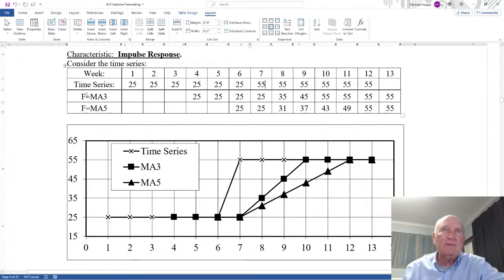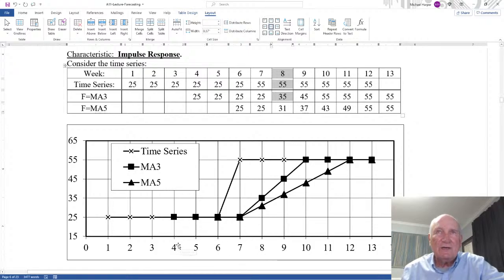So now let me apply a 3-point moving average. Well, when I have 25, 25, 25, the average is 25. That's simple. But when I come to this jump, or step function, or delta function, then 25, 25, 55, the average is going to be 35. So for time period 8, it's 35.